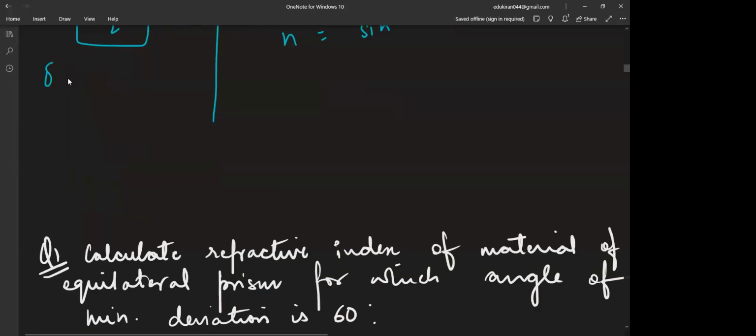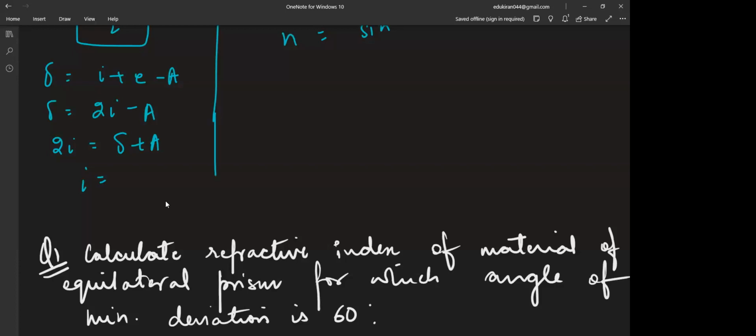Delta is equal to I plus E minus A. So from here, I and E, angle of emergence, both are the same. So this will be 2I minus A. So 2I will be equal to delta plus A. From here, you have the value of angle of incidence as delta plus A divided by 2. So this is the angle of incidence.